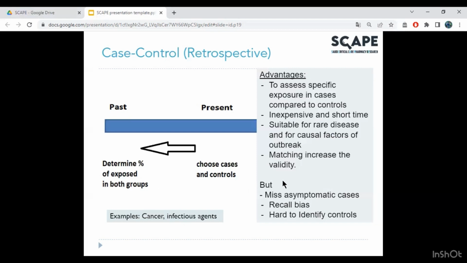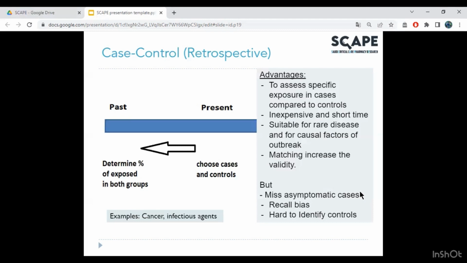However, case control has some inherent disadvantages. First of all, if you take the cases, probably you mean the confirmed cases or the diagnosed cases by medical decision.